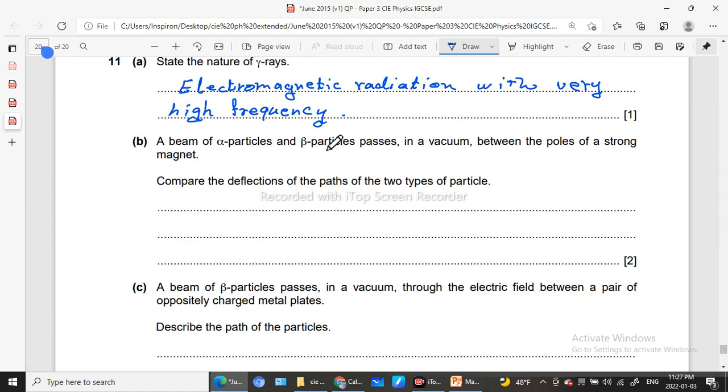B. A beam of alpha particles and beta particles passes in a vacuum between the poles of a strong magnet. Compare the deflections of the paths of the two types of particles.